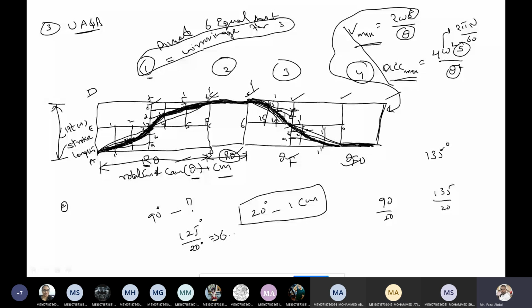So this 6.25 length we need to measure on the scale and draw here. The next question is, we are dividing into 6 parts, so how much should each part length be? Divide that length, 6.25 by 6.